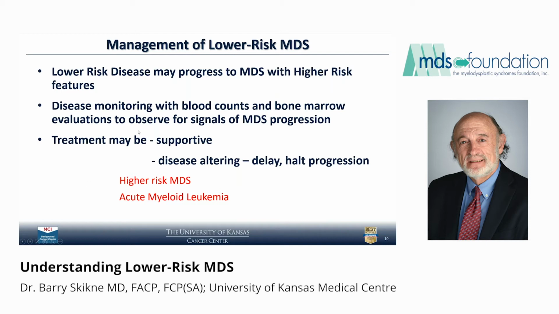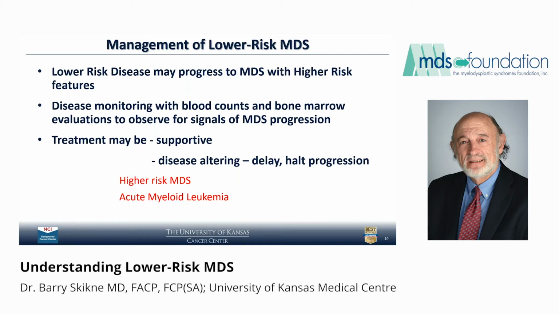So now, as far as treatment is concerned, there are two treatment modalities that the doctor will think of: supportive therapy or disease-altering therapy. So as far as supportive therapy is concerned, this is given to help alleviate a patient's symptoms, make them feel comfortable, and not have a lot of symptoms such as, for instance, shortness of breath or fatigue, and try and help them with their daily quality of life.